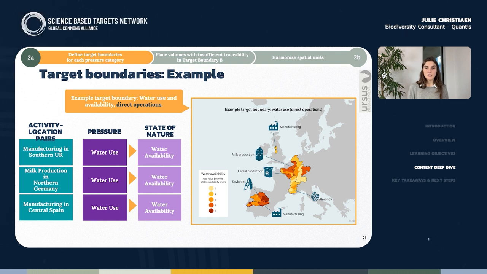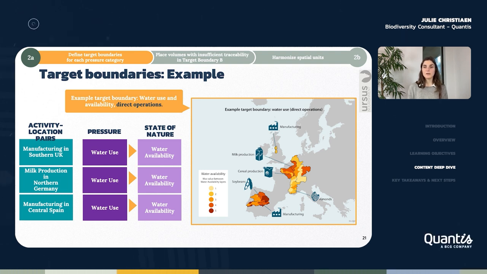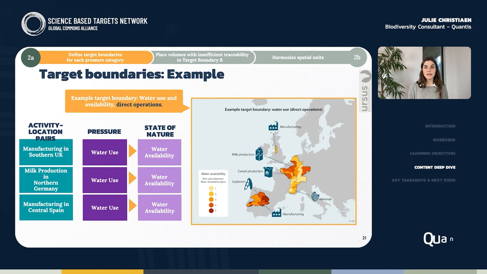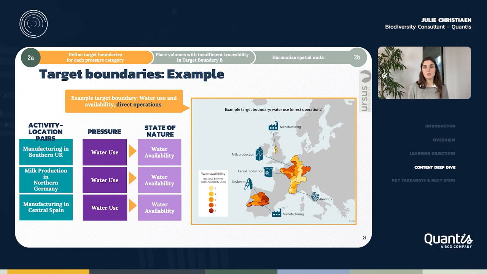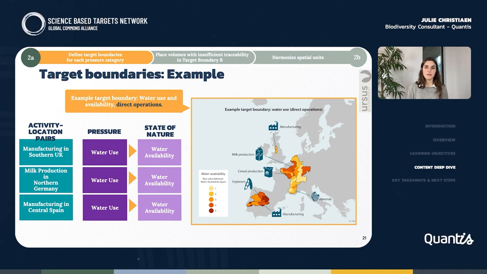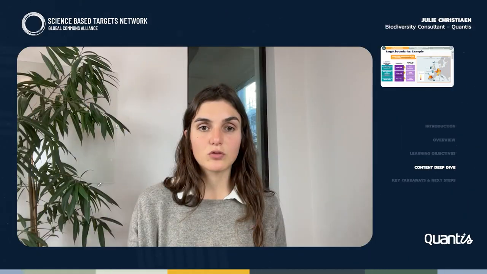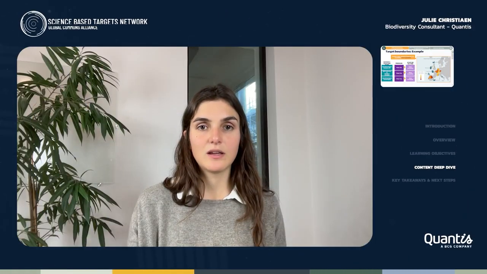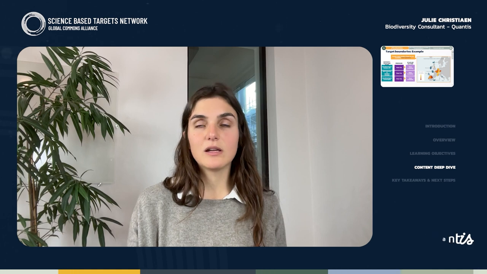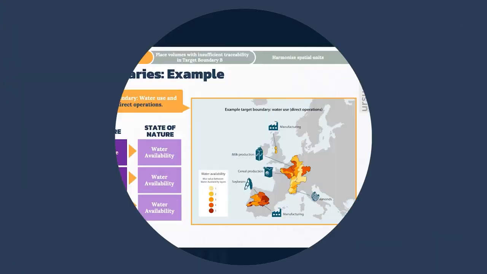It purchases major commodities including almonds, cocoa, corn, maize, soybeans, and timber in the form of paperboard, as well as other ingredients such as sugar from sugarcane and additives. The company is part of the initial group of companies setting science-based targets for nature that have trialed SBTN methods. This case study is based on the latest revisions of the guidance.